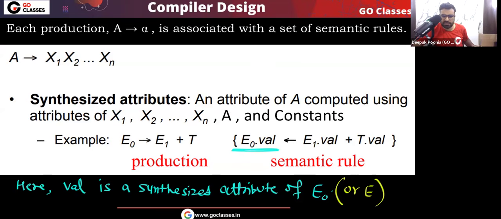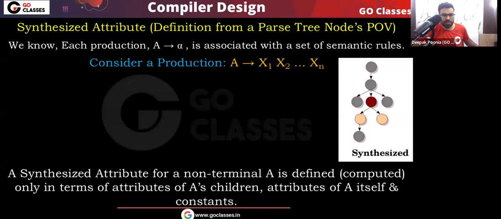Now let's see the synthesized attribute definition from the parse tree node point of view. This definition is also very simple, and you can understand it from the previous definition.